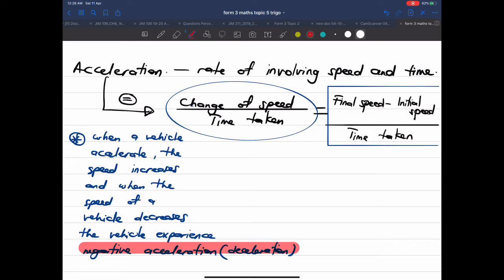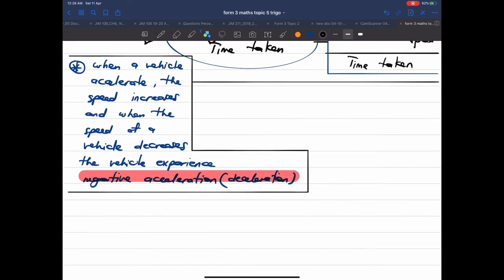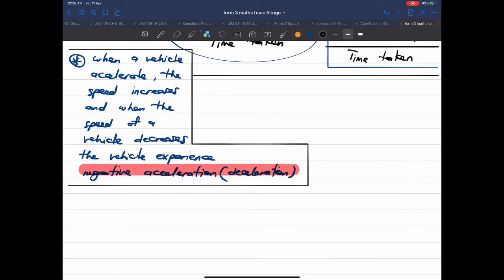So next, I'll give you a small example about the formula that I've given you just now.